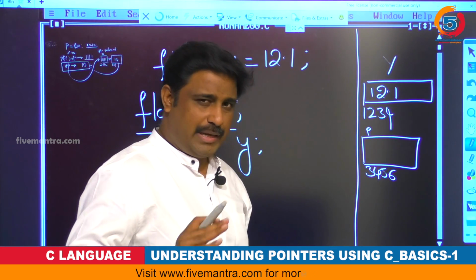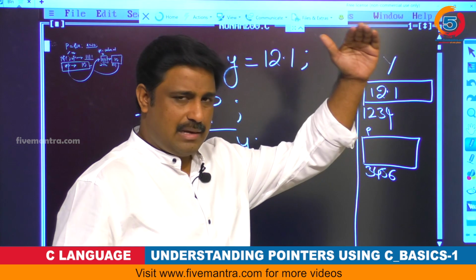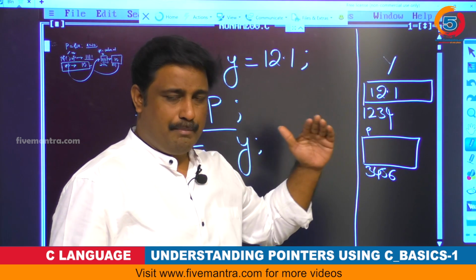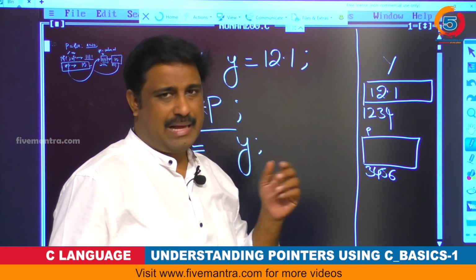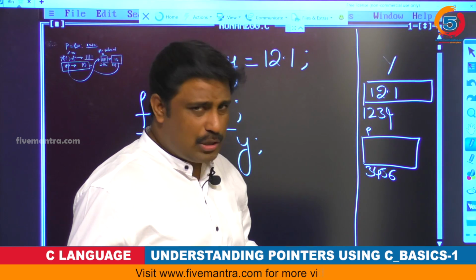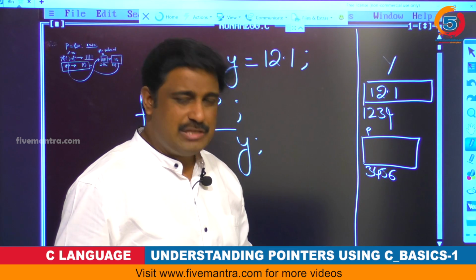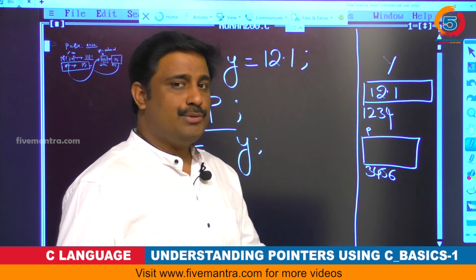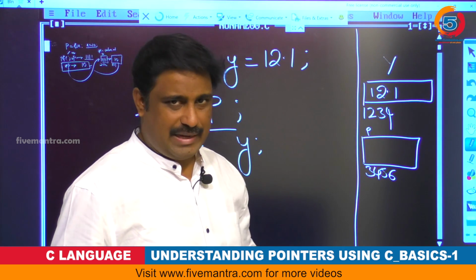By common sense we can understand that my random access memory is divided into bytes, and each byte has a unique number. That is a logical number, and that logical number is also not negative, it is only positive, so we can say it is an unsigned integer.